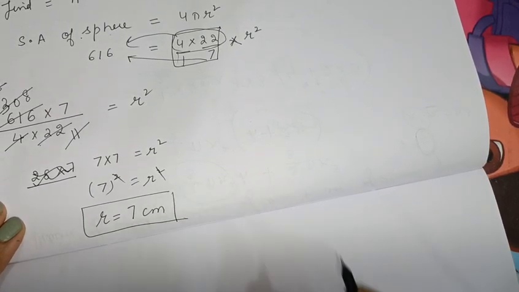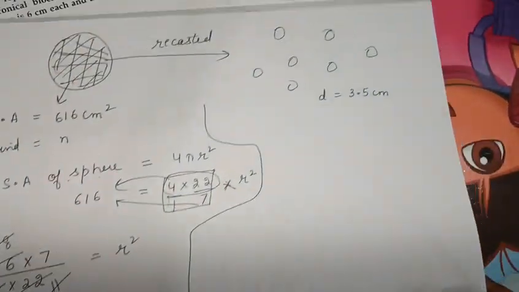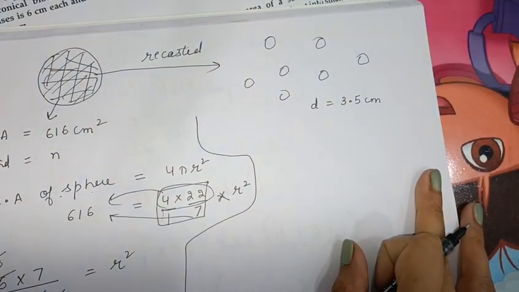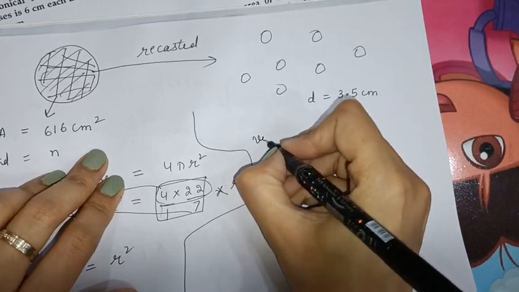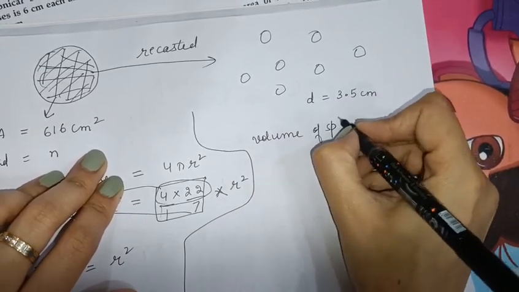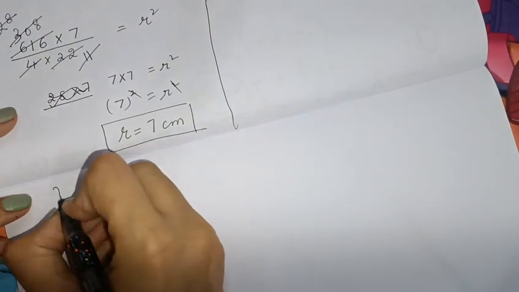R we have found. Now what will we do? We will do the same thing. Volume of this is equal to volume of this, and we will find the number of spheres we are getting. So I'll write it a little neatly here.